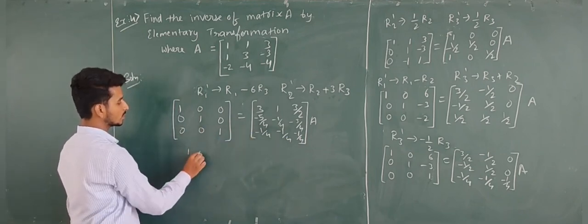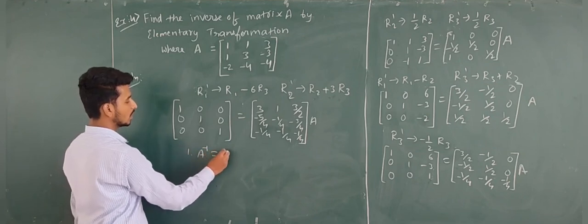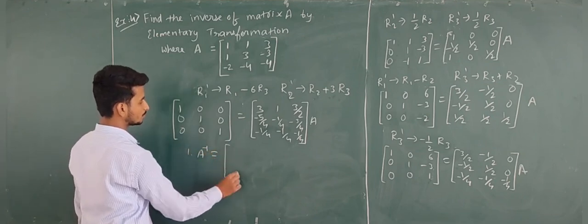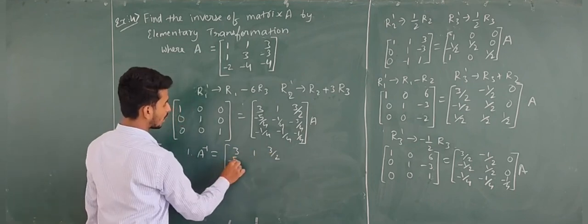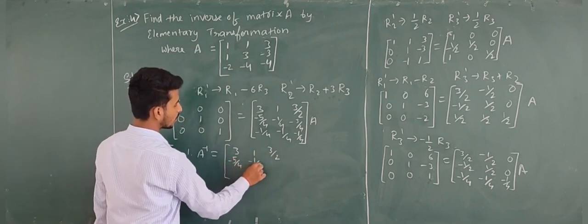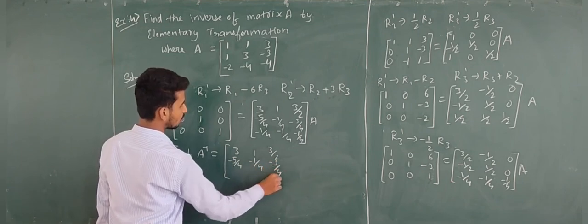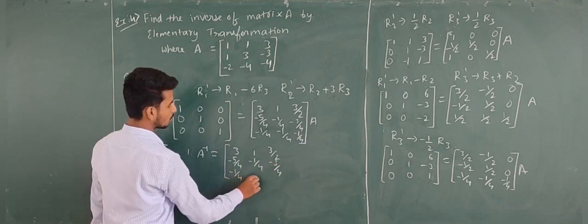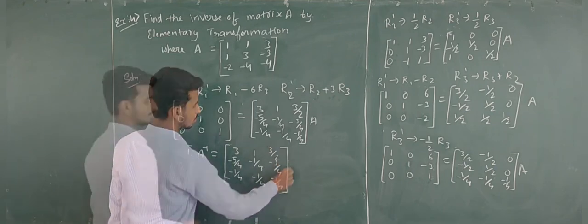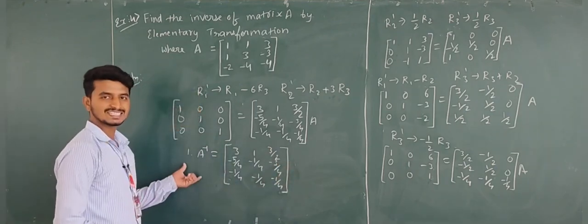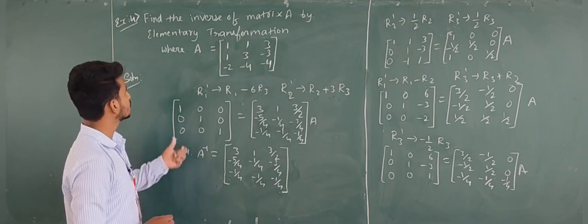We can take this A to this side, that will be A inverse equal to 3, 1, 3 by 2, minus 5 by 4, minus 1 by 4, minus 3 by 4, minus 1 by 4, minus 1 by 4, minus 1 by 4. So this is your A inverse.